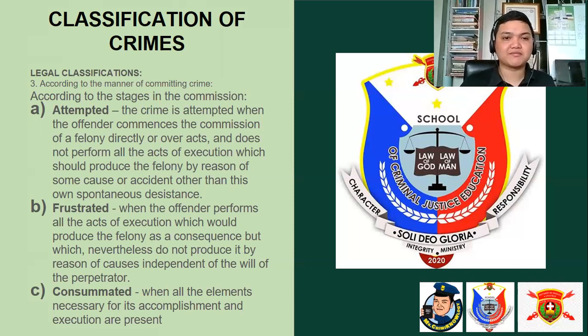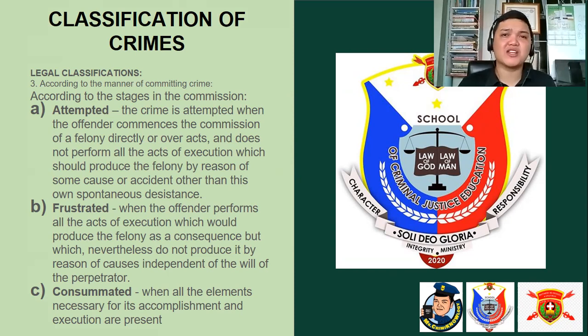He attempted. We have letter B, frustrated. When the offender performs all acts of execution which would produce the felony as a consequence, but which nevertheless do not produce it by reason of causes independent of the will of the perpetrator. There is a frustrated naman na nagawa niya lahat ng dapat niyang gawin, all the actions or omissions necessary to produce the act, but did not produce yung gusto niyang mangyari.